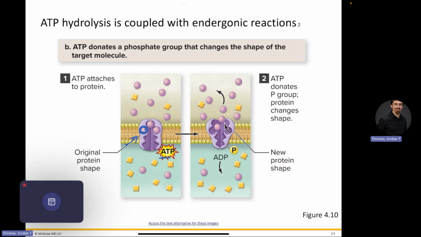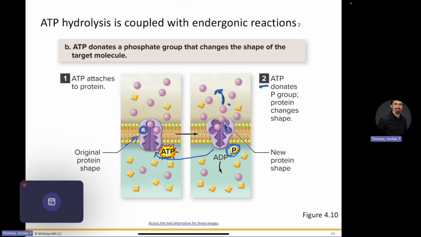In order to do that, it needs ATP. ATP will attach to the protein. ATP would then donate a phosphate group, and that phosphate group would then open up the protein to the other side so these molecules can get out. And then when this protein is released, it goes back to the original state.